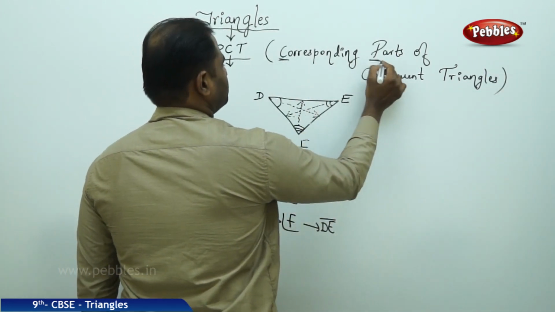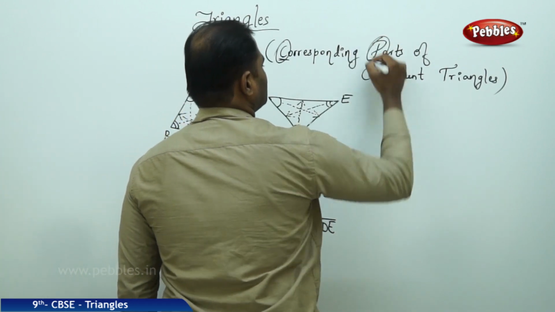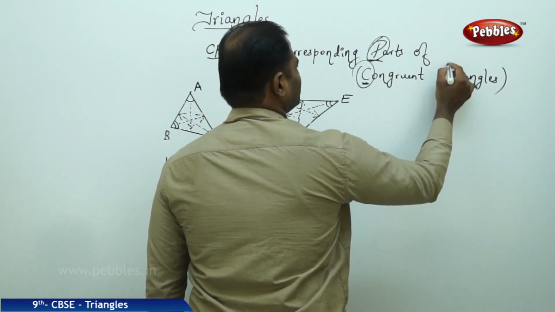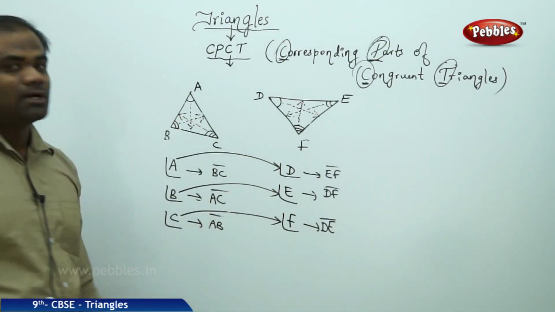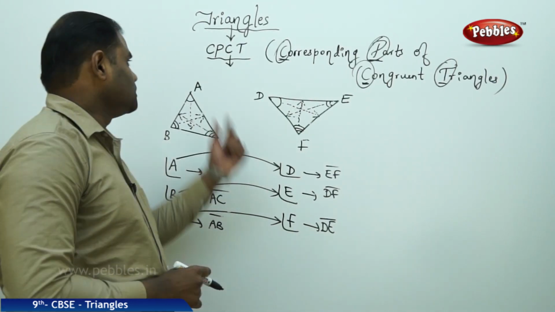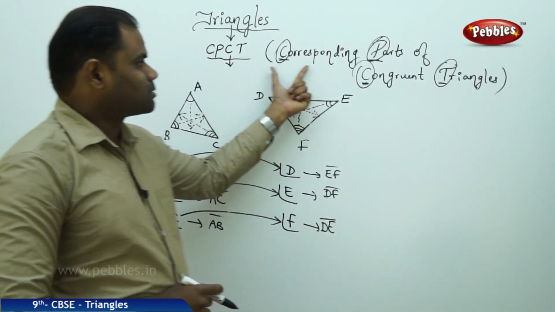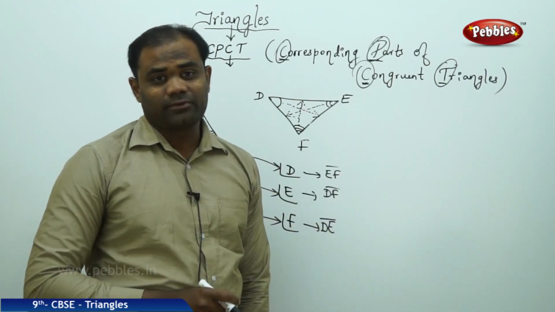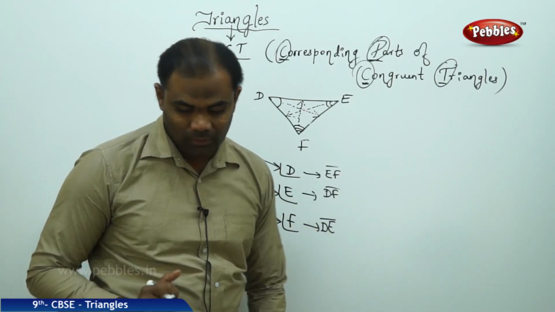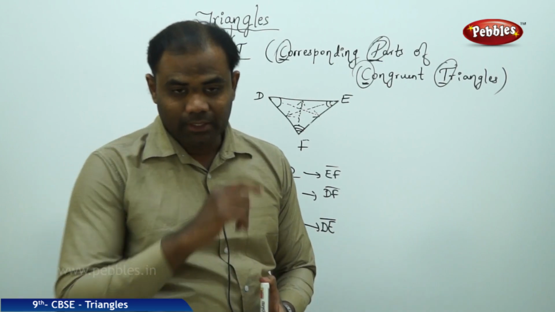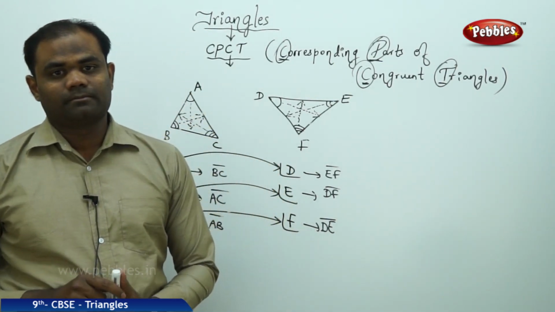C, P, C and T is how I expand CPCT. The corresponding parts of congruent triangles are always equal is how we understand the CPCT.